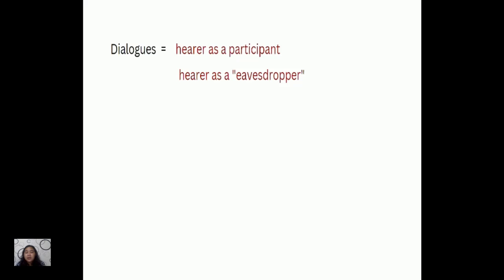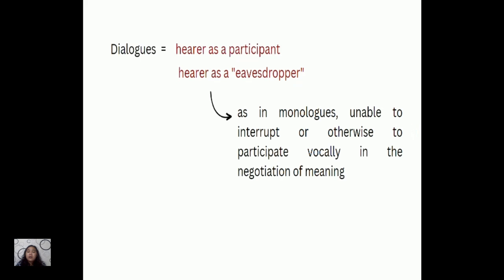There are differences between these two hearers. The eavesdropper is considered to be in monologues because they are unable to interrupt and otherwise to participate vocally in the negotiation of the meaning.